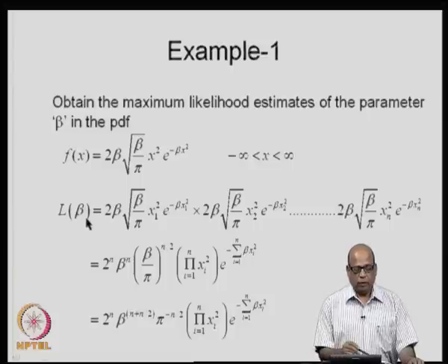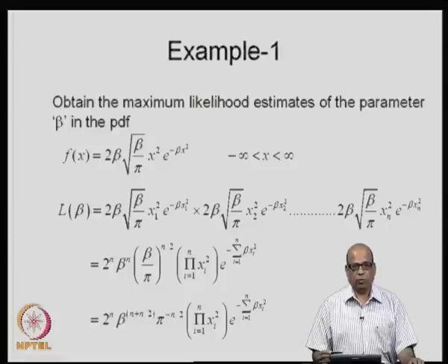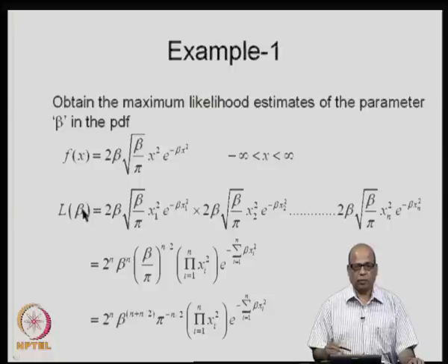So, we formulate the L of beta. Remember, we have a sample x 1, x 2, x 3 etcetera, and we are evaluating the PDF at those given values of x i's, and then taking the product of these f of x i defined at that particular x i, and then we are calling that the likelihood function.